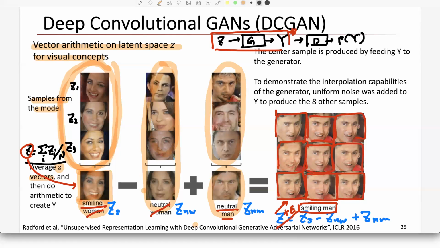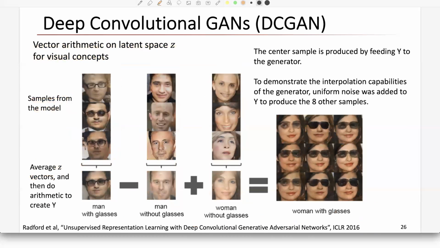We don't have any labels for the smiling man images, but by only arithmetic operations on the latent space, we can do many things, such as generating smiling men without using any ground truth for smiling man images. It's very beautiful, right?